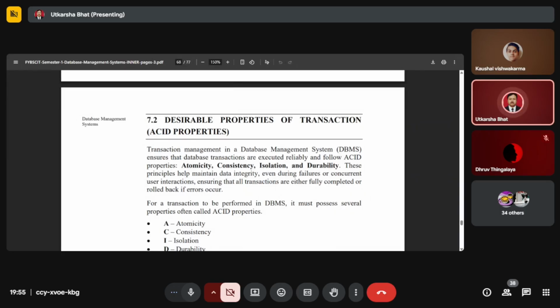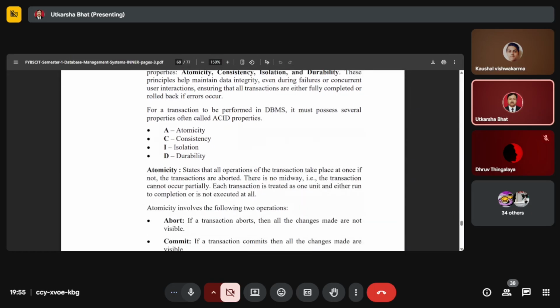For a transaction to be performed in a DBMS, it must possess several properties often called ACID properties. A for atomicity, C for consistency, I for isolation, D for durability. Atomicity states that all the operations of the transaction take place at once, if not, the transaction is aborted.